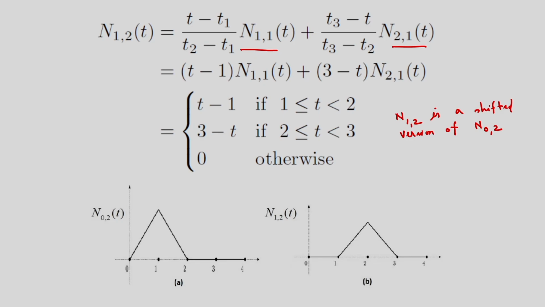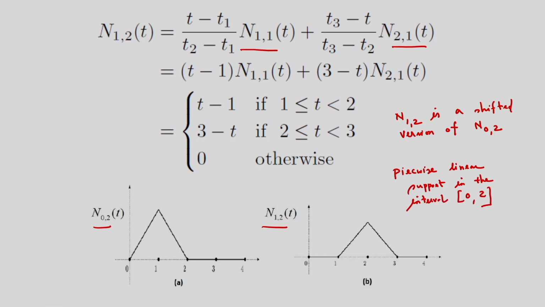And in this case you can see I have plotted N02 and N12. This curve is the piecewise linear curve, and the support is in the interval (0, 2).